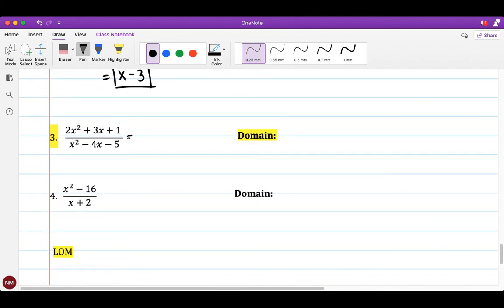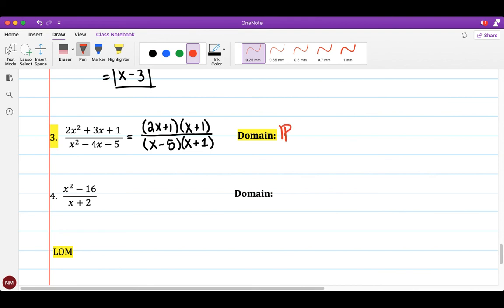First I'm going to factor it because the factoring of it will help me find the domain. If I factor the numerator, I'm going to get 2x plus 1 and then x plus 1. If I factor the denominator, I will get x minus 5 and x plus 1. Now, what is my domain?